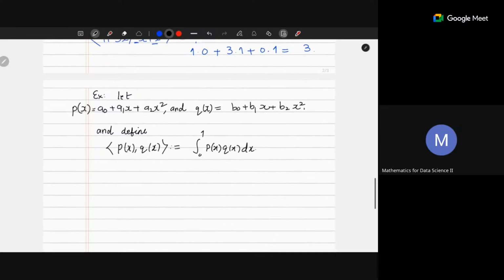All right. So now check that it is an inner product space.